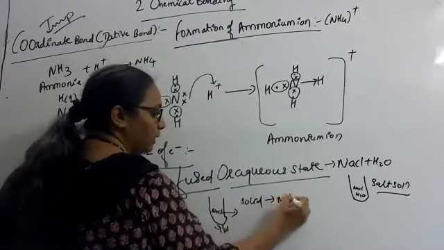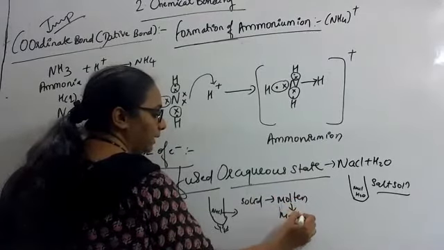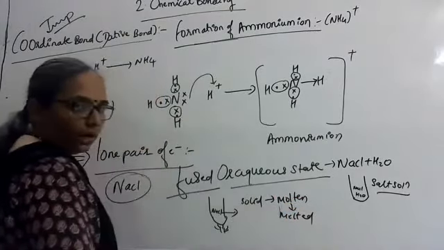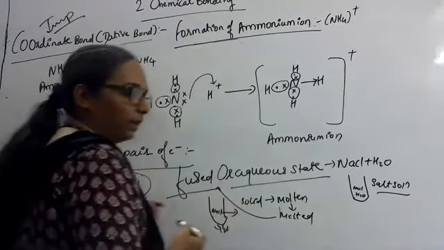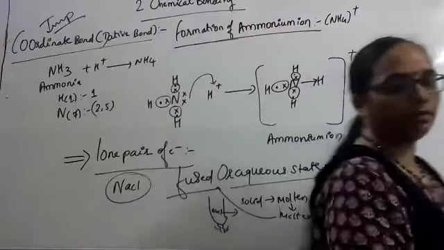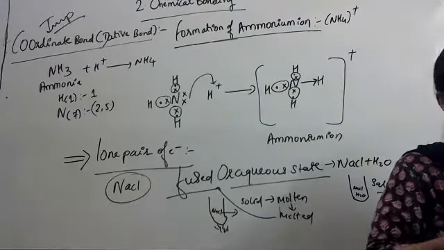Molten means it is slightly melted. Okay, and that state is called a fused state. मतलब सोडियम क्लोराइड को मेल्ट करना है without adding any chemical or without adding any water. Okay, so that is a fused state.